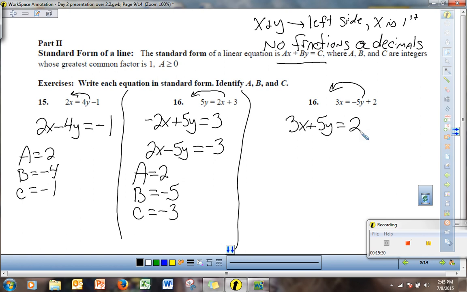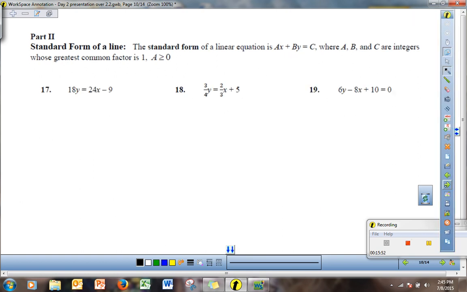X is first. There's no fractions. There's no decimals. The A is positive, so I'm going to say A is 3, B is 5, C is 2. And in class, I would pause and have them try a couple of these, but in the video, you're just kind of stuck with me.